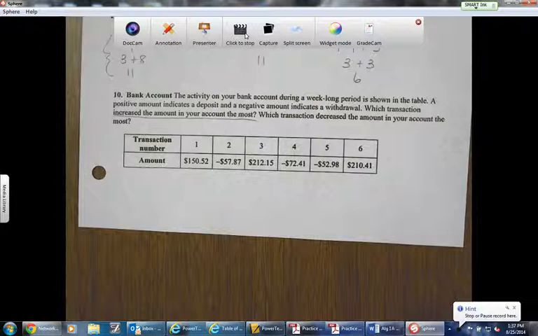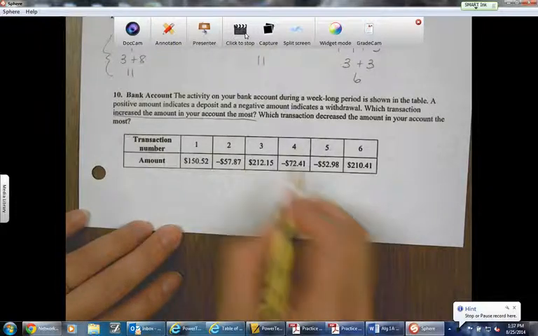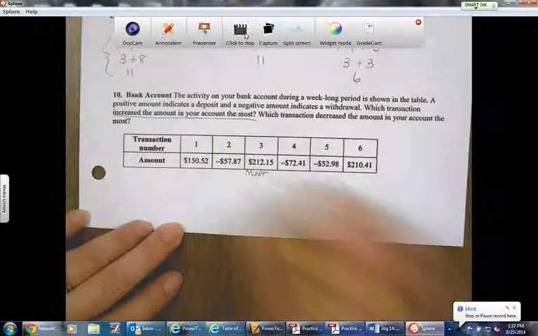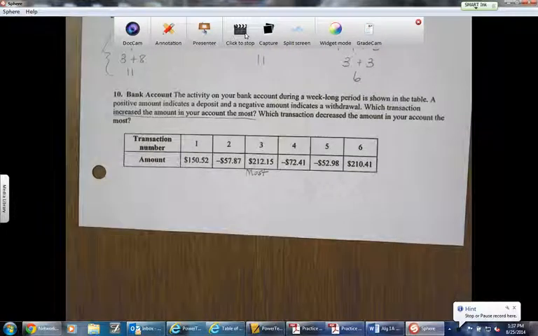Colby? 3. The 212? Okay, and which one would be the least amount then? Which decreased your account? That's what I'm trying to say there. Connor? Number 4. So this would have been the decrease.